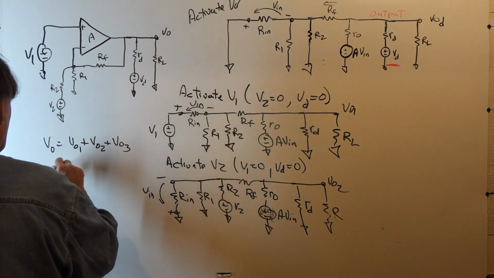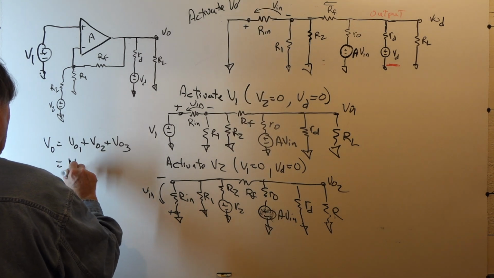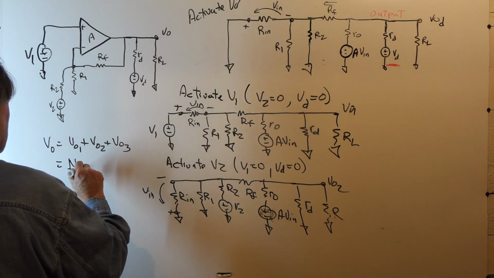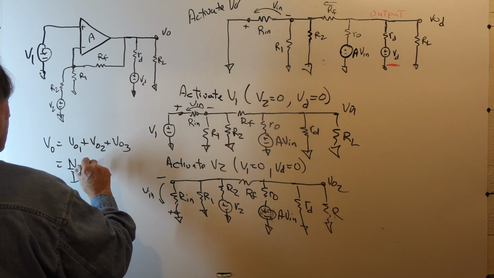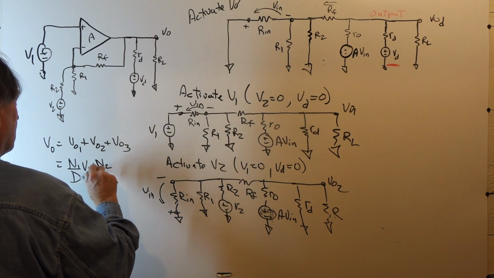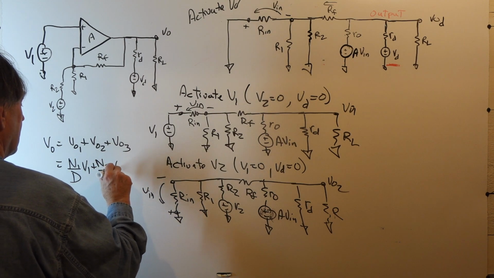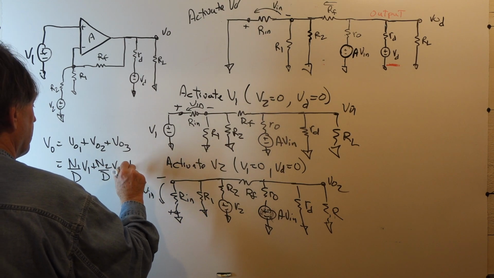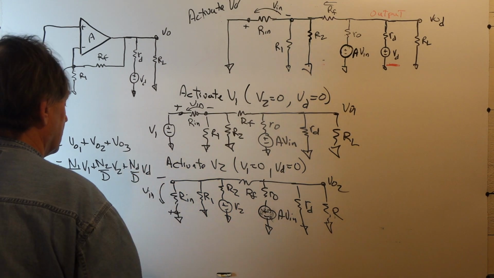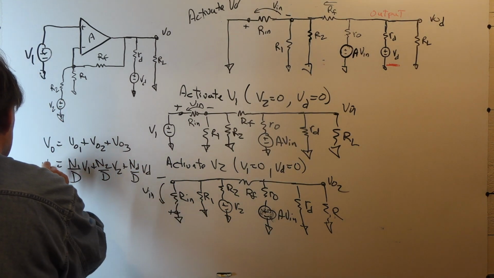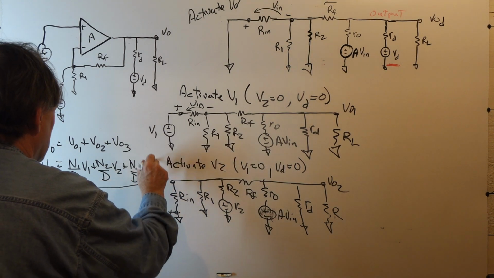And this will be some N1 over the system function times V1 plus N2 over the system function times V2 plus ND over the system function times VD. This is what we're looking for.